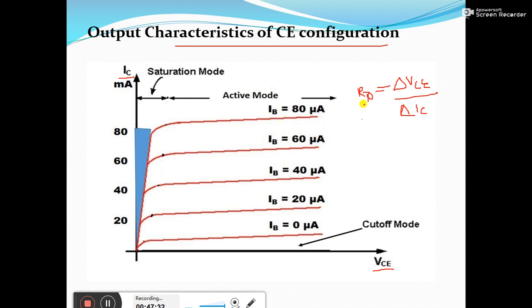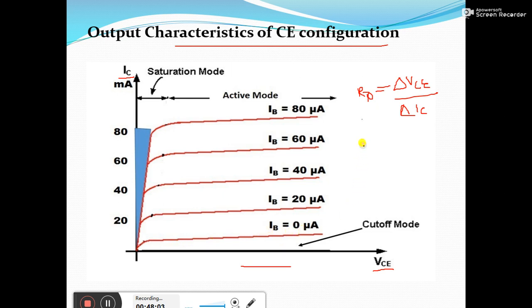If you consider the R0 value, initially for increase in VC value, you are not getting a flat curve here. The IC value is getting increased with respect to VC, a small increase, which was not the case in CB. You were getting a flat curve in case of CB configuration, but here you are getting a slight increase in the curve.